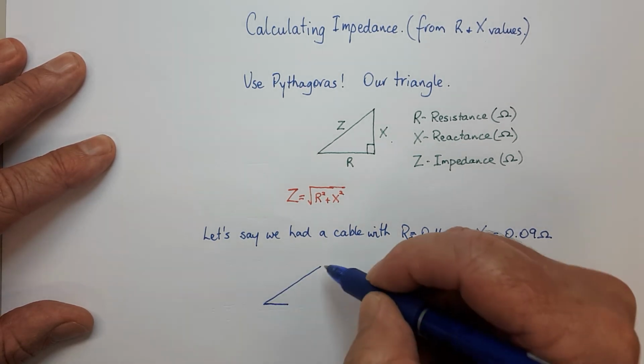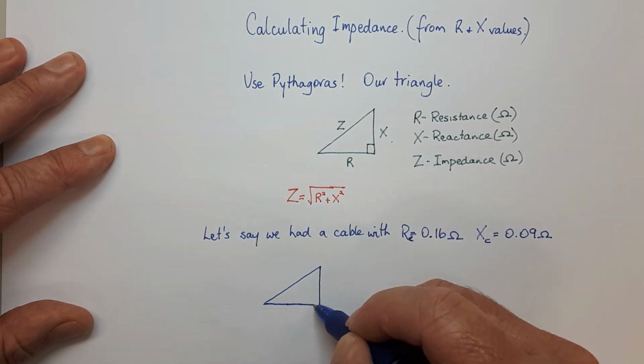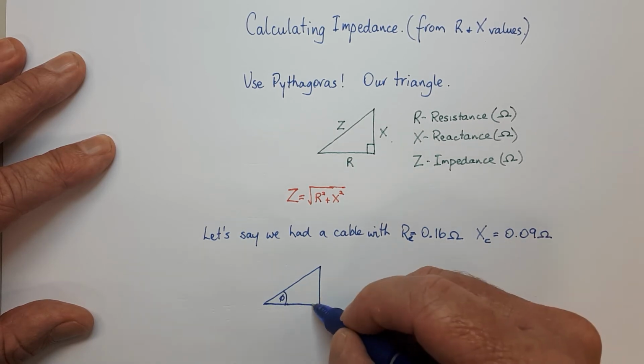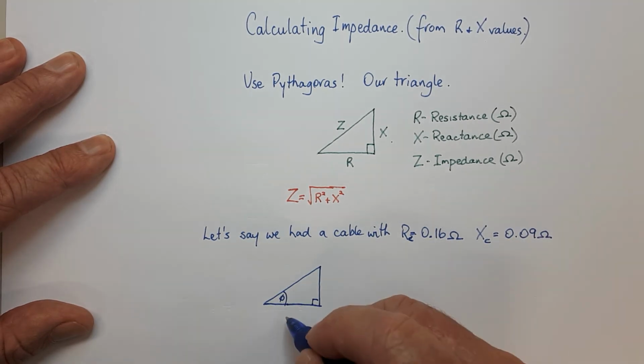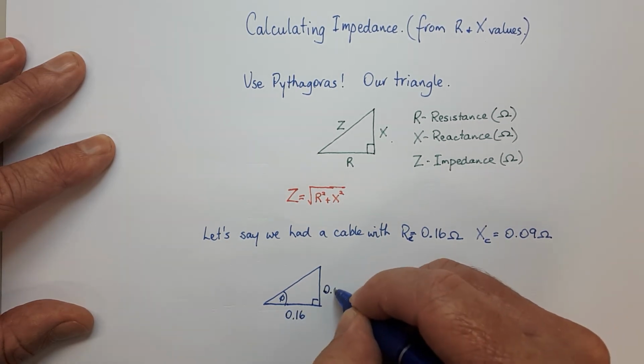Now, of course, we're not interested at the moment in finding out the phase angle, which we could find out, but we're not going to worry too much at the moment. We're going to say this is 0.16 and this is 0.09.